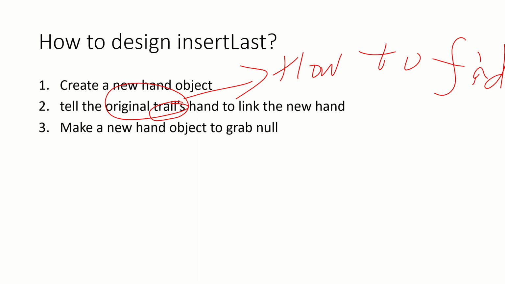Okay, look at this example. So let's link a list, right? So we need to make sure this is something we need. How do we find the last one? So we need a pointer to help you.